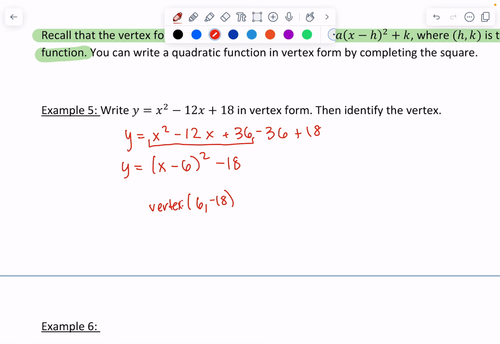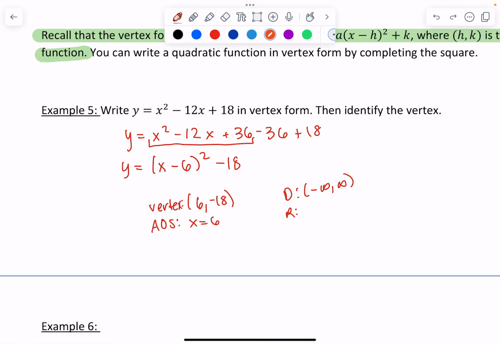Let's do this just to be a little bit extra. The axis of symmetry is x equals 6. What would the domain and range be? Maybe pause the video and try it. The domain is going to be all real numbers, right? The domain of any quadratic is all real numbers. The range, well, remember, the minimum or maximum is the y value.